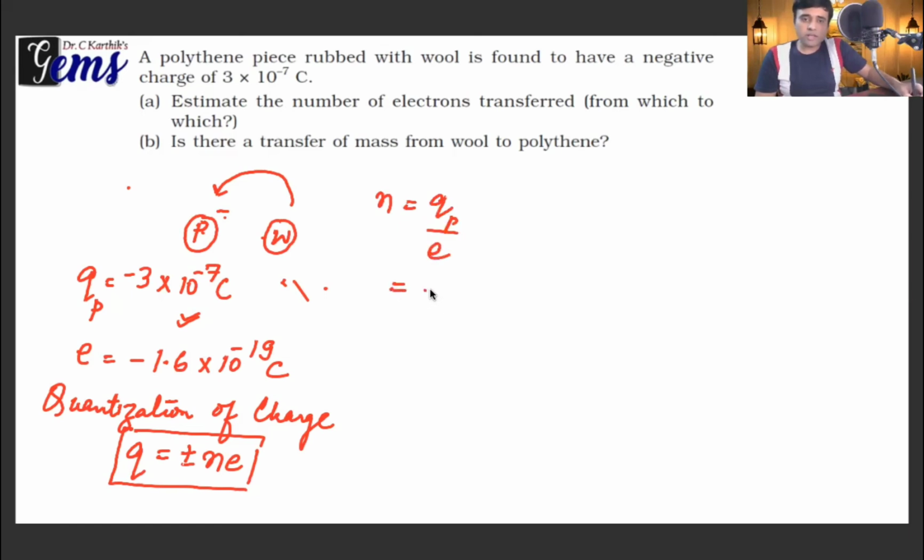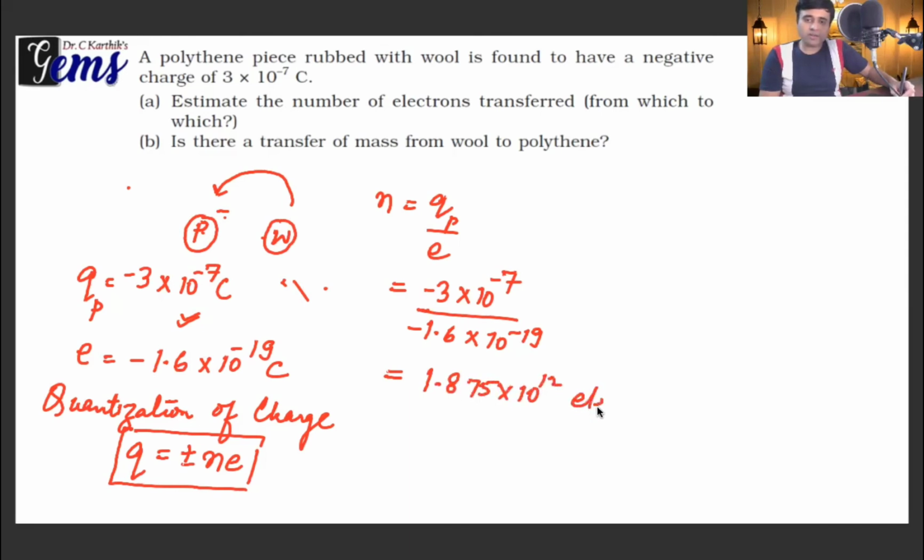So just substituting the values, minus 3 into 10 raised to power minus 7 divided by minus 1.6 into 10 raised to power minus 19. So solving this, we will get 1.875 into 10 raised to power 12 electrons. These are the number of electrons transferred.